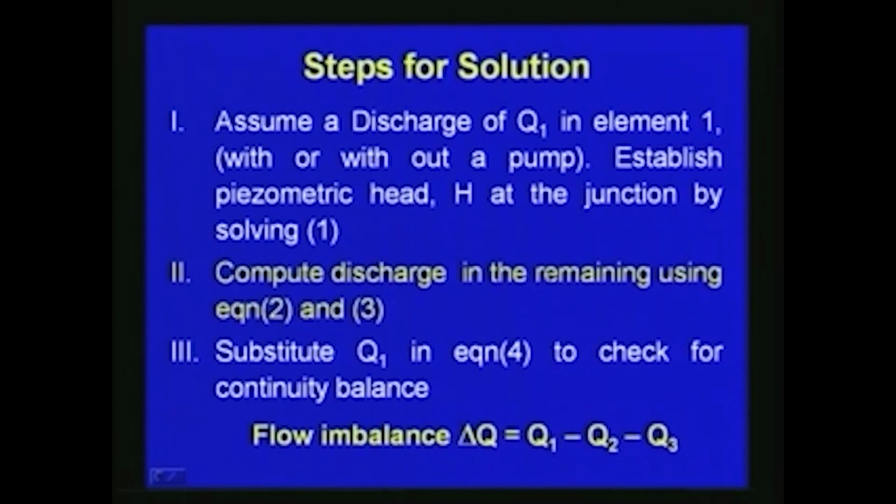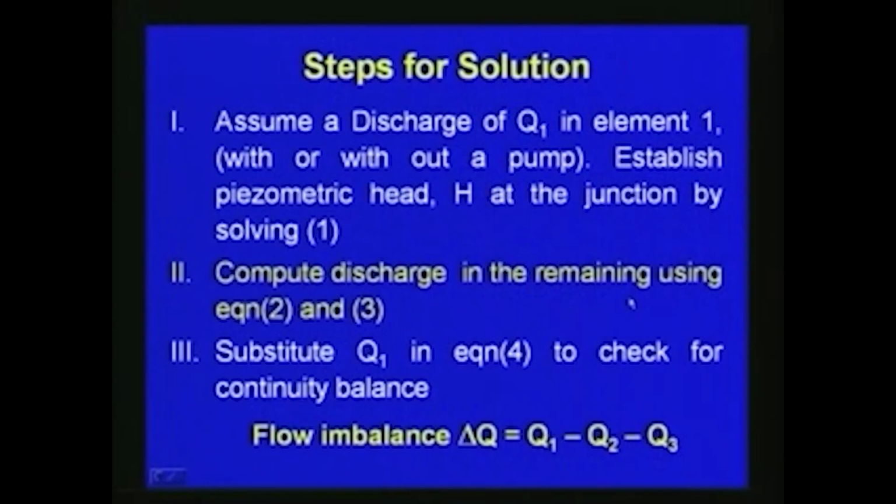So, basically we start with some assumption of the flow through one of the pipes, and then we solve equation 1 and equations 2 and 3, which are the energy equations, and then we put back the continuity equation and see whether there is an imbalance. If there is an imbalance, we will iterate again. So, it is an iterative procedure.